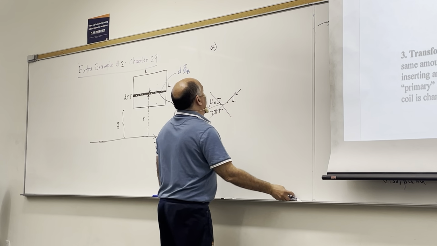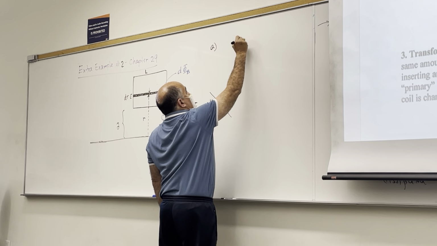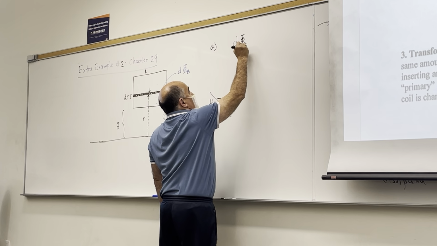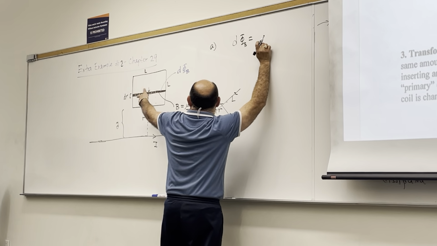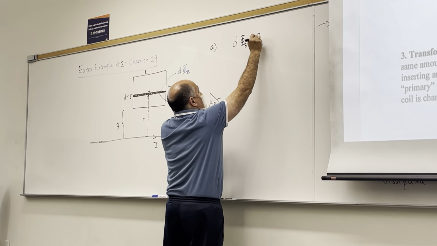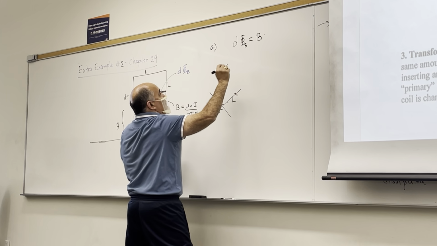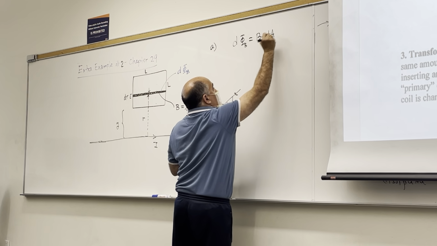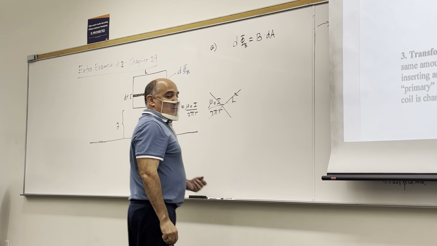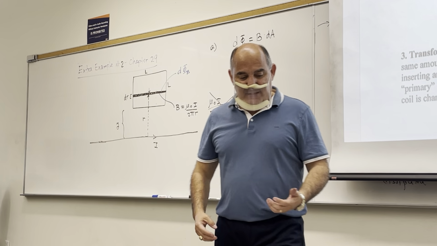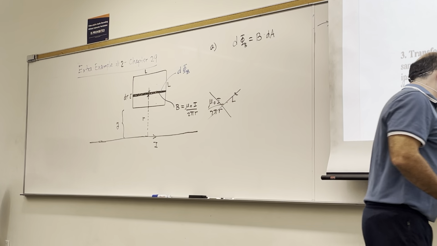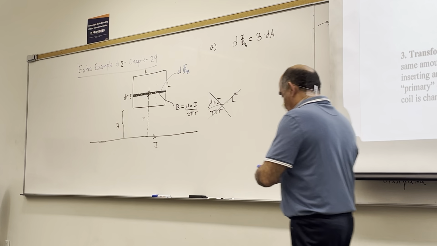So the magnetic flux through the strip is the magnetic field over that strip, which I assume to be constant, times the area of that strip, which I'm going to call A. Now you tell me, what will be the area of that strip if its length is L and its width is dr?